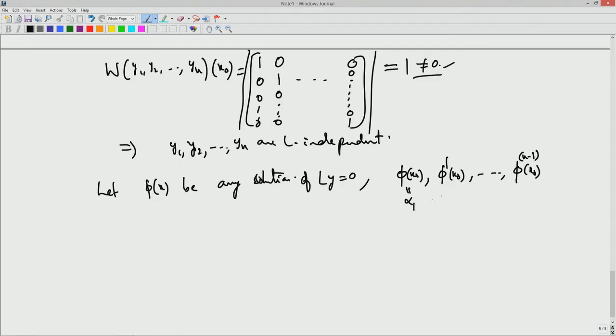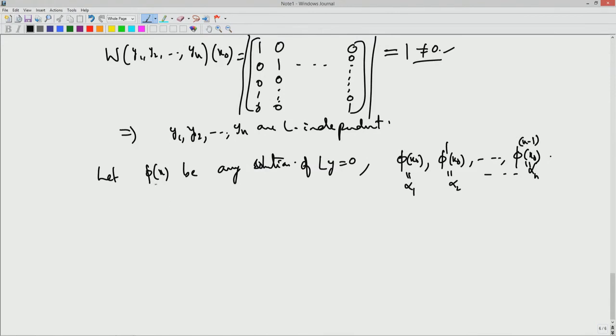You call them alpha 1, alpha 2, alpha n. Okay. Then phi of x, any solution, is satisfying the equation with this initial condition. Then I consider y of x as alpha 1 y1 of x plus alpha 2 y2 of x and so on, alpha n yn of x.